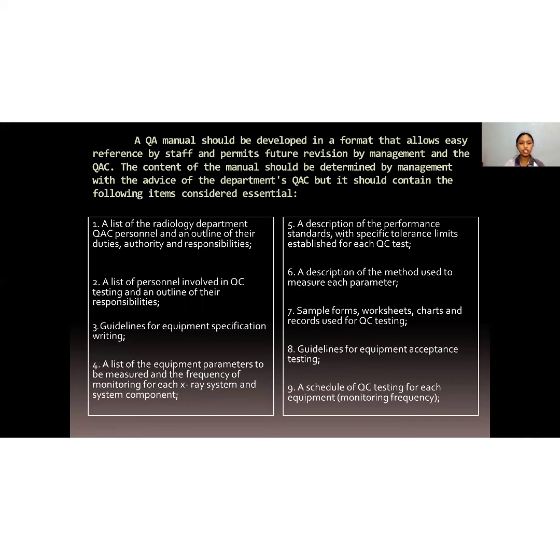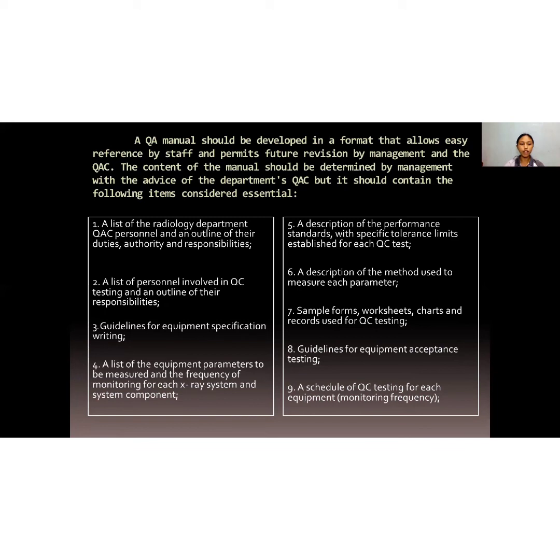First, in the manual, a list of the radiology department committee personnel and an outline of their duties, authority, and responsibilities. Second, the manual should include a list of personnel involved in the quality control testing and an outline of their responsibility. Third, it should have guidelines for equipment specification writing.